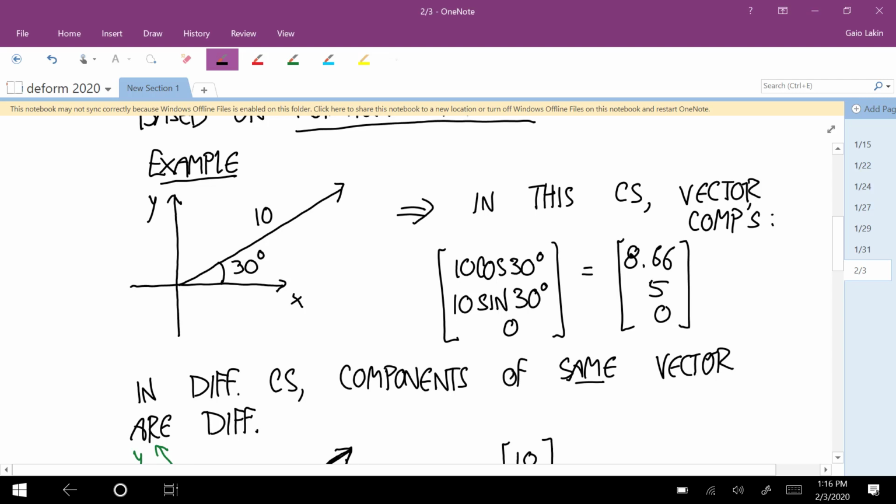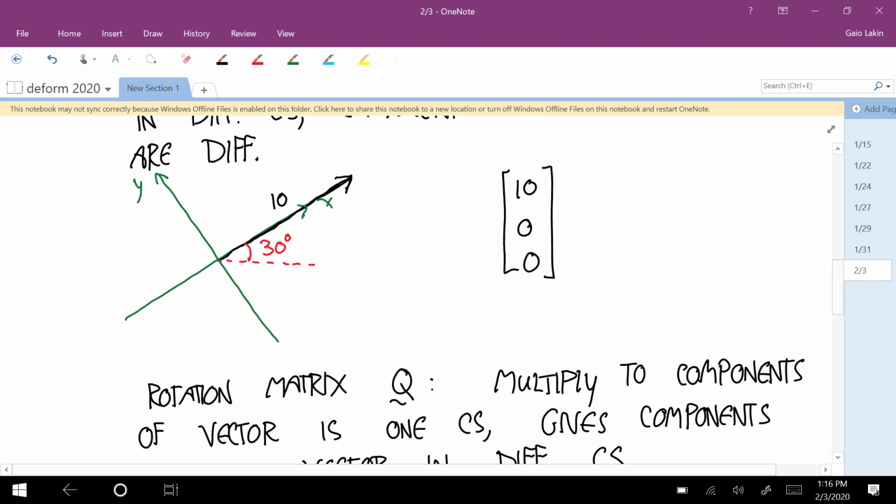So we started with this. We made a rotation matrix that goes from this coordinate system to the next one. And then we multiplied this by the rotation matrix. And what we got was what we had already figured out should be the components of that vector in this rotated coordinate system.